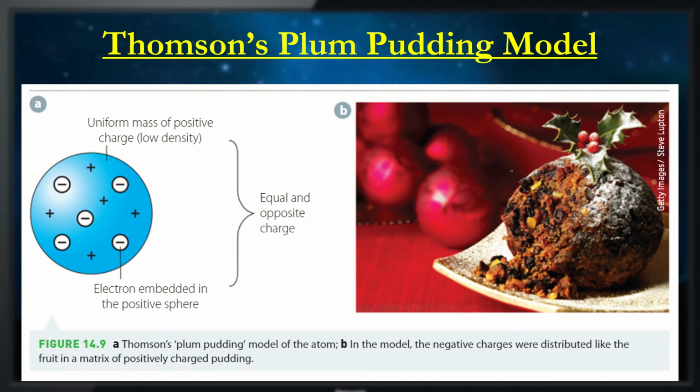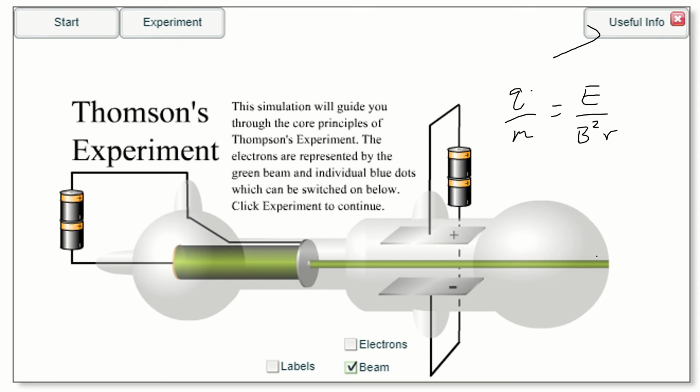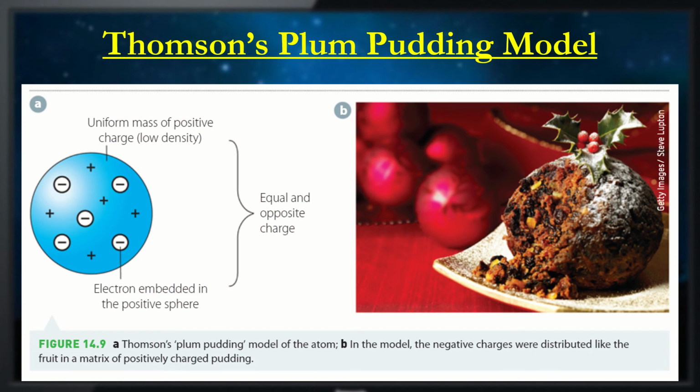We also talked about how he changed the electrode. So what he tried to do was he changed the cathode here and the anode here, and he still saw these beams of cathode rays, or now that we know, electrons coming through. So he decided that these electrons must be subatomic. So electrons are subatomic.